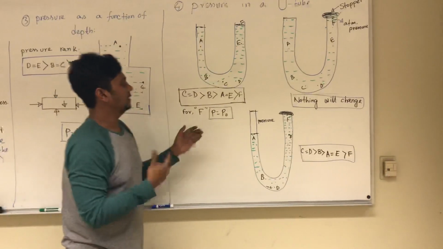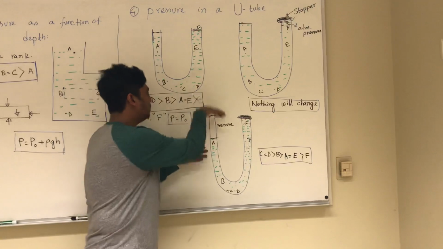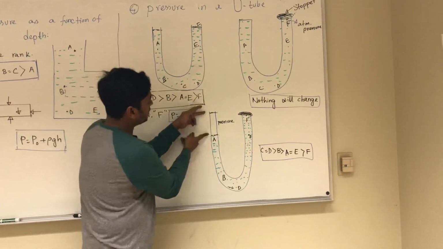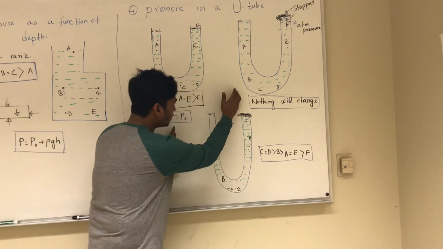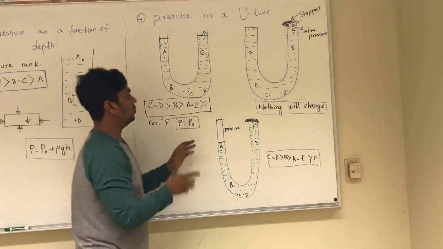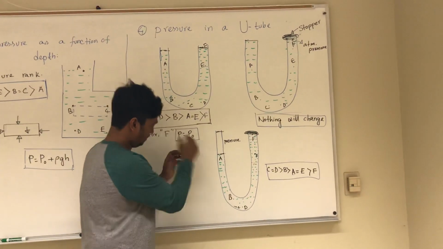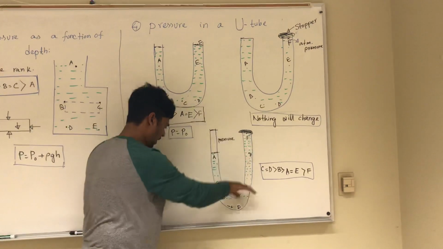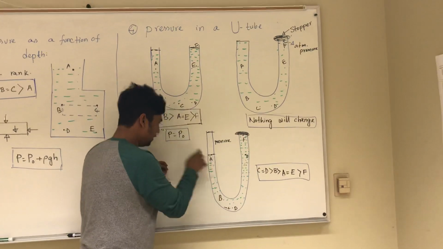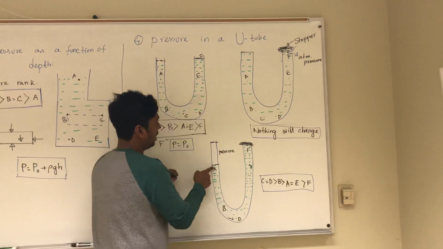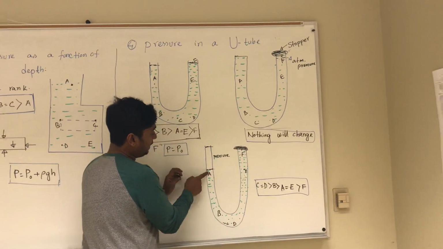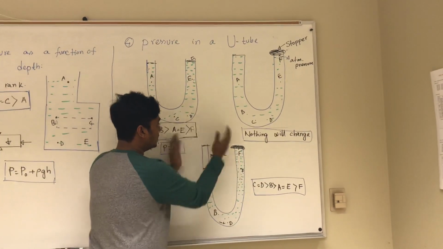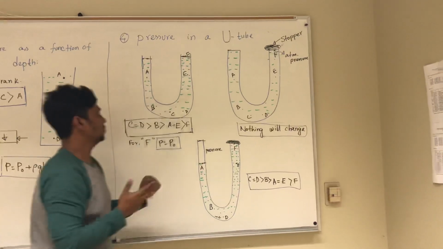We have to apply some pressure, otherwise it will come upward. So this pressure and the outside pressure have to be equal, otherwise it will go up and this will go down. So that means the pressure of point A is equal to the pressure of this vacuum side or the atmospheric pressure.